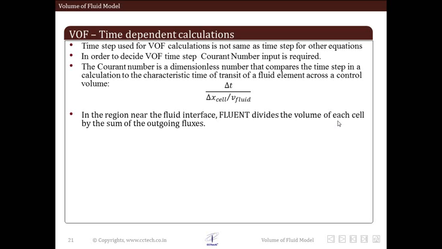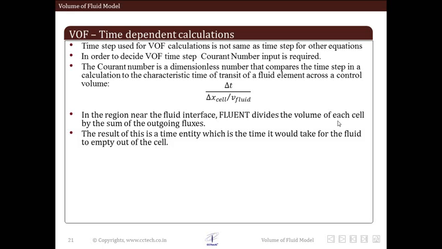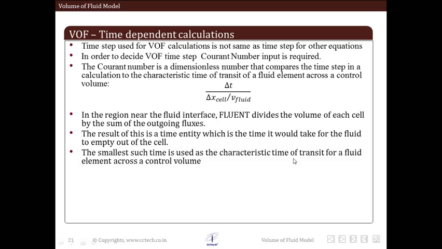The result of this ratio, volume divided by flux, is a time entity. This is actually the time it would take for the fluid to empty out that particular cell. Once this ratio is obtained, the smallest such time among all the cells where the interface exists is used as the characteristic time of transit for the fluid element across a control volume.